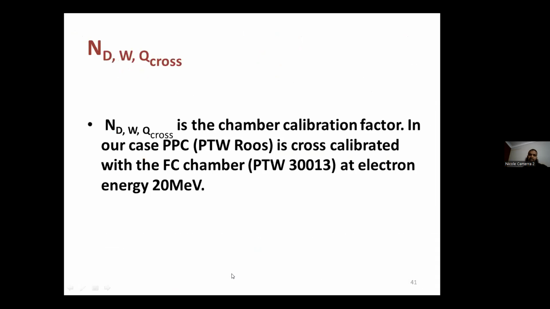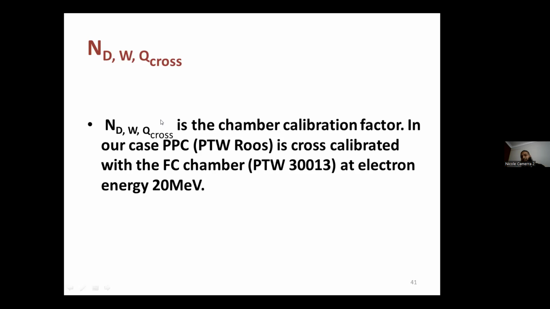Your chamber is calibrated against the reference chamber, which is the Farmer chamber calibrated at the SSDL lab in cobalt-60. You cross-calibrate your plane parallel chamber with the Farmer chamber, so your Roos chamber is cross-calibrated against your primary-standard-calibrated chamber, and then you get your NDW,Q cross.